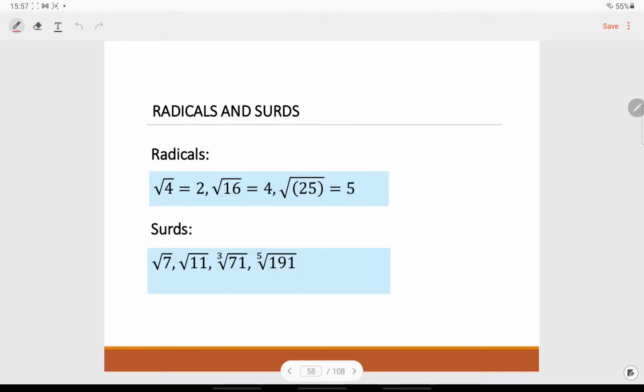As shown here, all these radicals produce rational numbers, so these numbers are not surds, but all these numbers produce irrational numbers, so they are considered as surds.